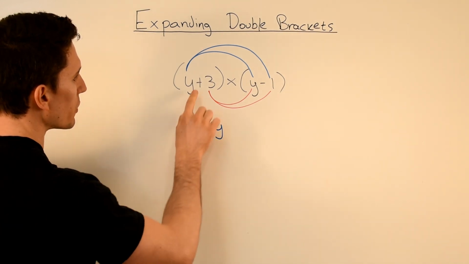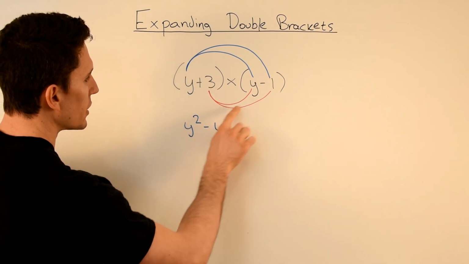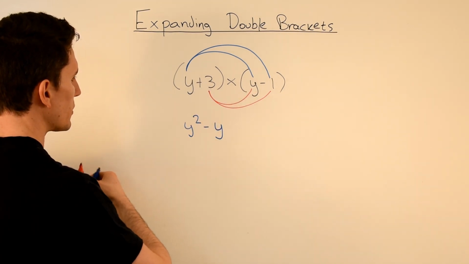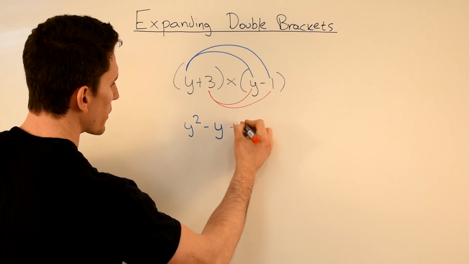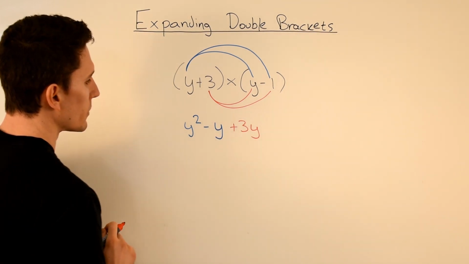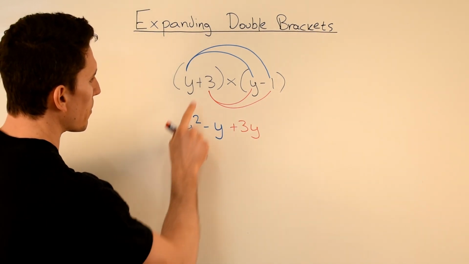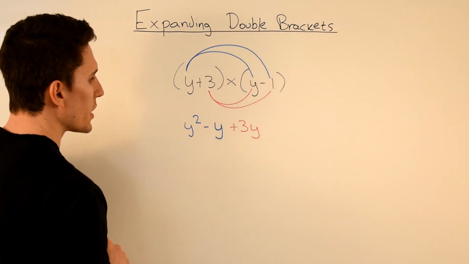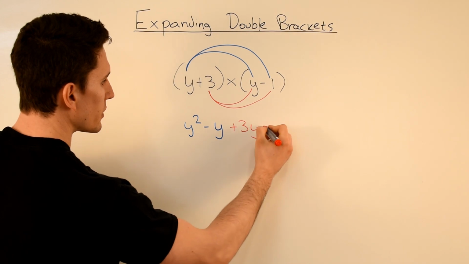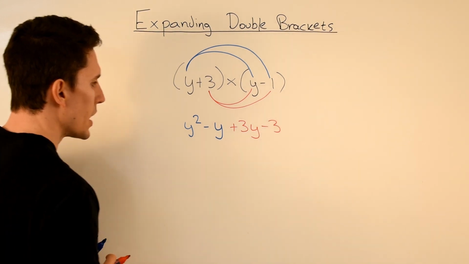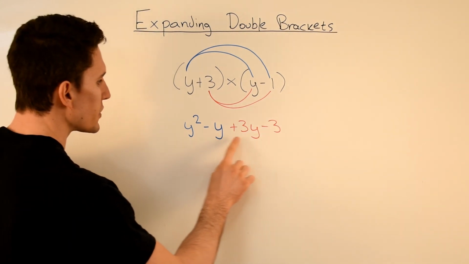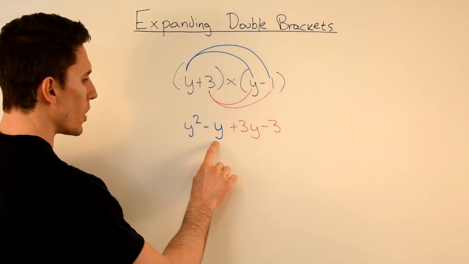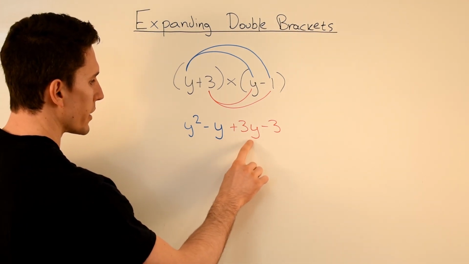Then we continue with plus 3 times y. Now that is simply equal to plus 3y. And finally we have plus 3 times minus 1. The answer here is minus 3. Now if we have a quick look at the terms in the middle, we have minus y plus 3y.